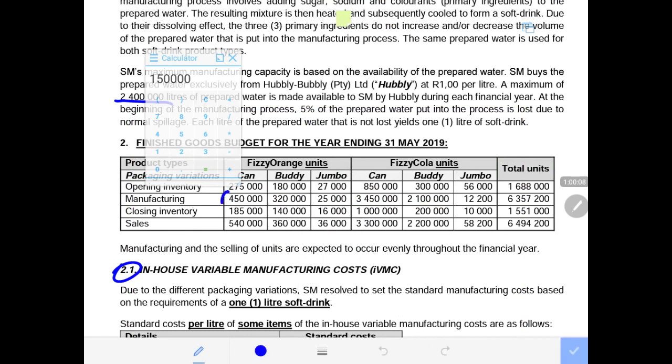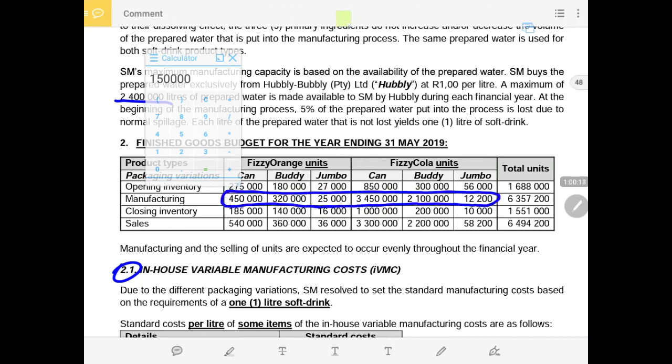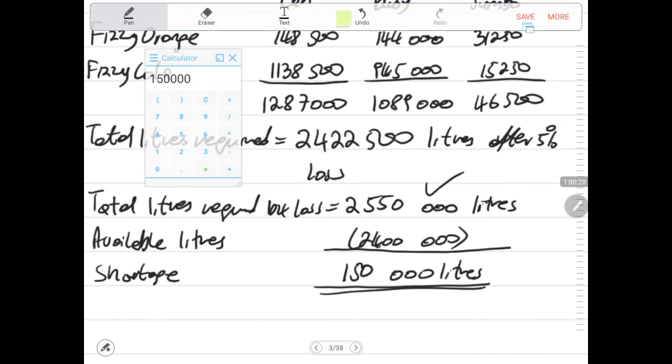In order for us to manufacture all these units that we plan to manufacture, we need the 2,550,000 liters of water. But what is available is 2,400,000. That means this is a shortage.